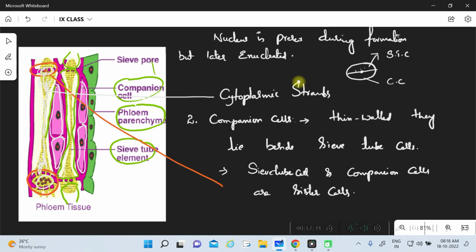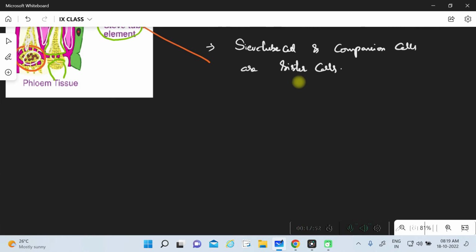That's why they are very closely intact and located beside each other. In this way they are considered the most important elements in the phloem.